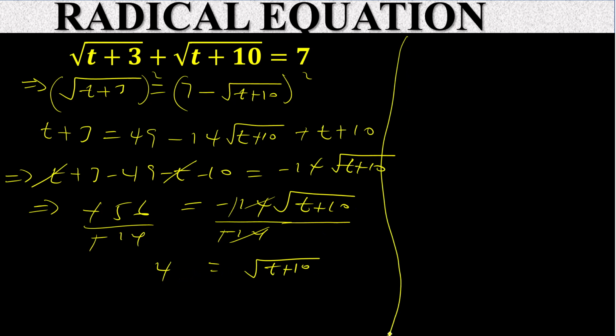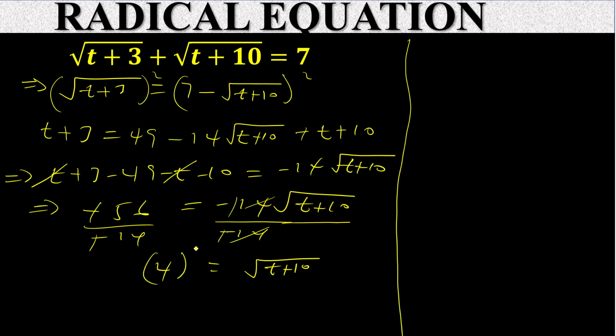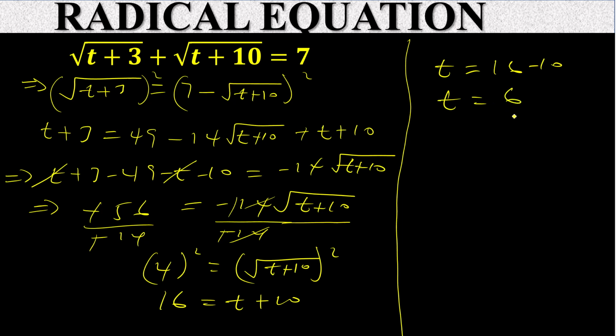All right, so again, we can square both sides. So this side will be 16. This one will be t plus 10. Therefore t is 16 minus 10, which is 6. All right, so t is 6.